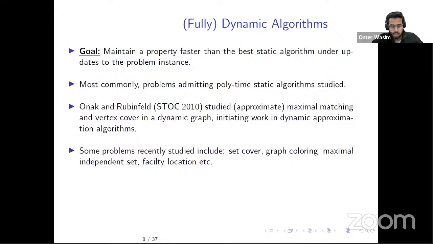Most commonly in this area, we have problems which already admit polynomial time static algorithms. But starting with the seminal work of Onak and Rubinfeld, people have started studying problems which are NP-hard. In this context, we want to maintain a certain approximation to the graph under edge updates.